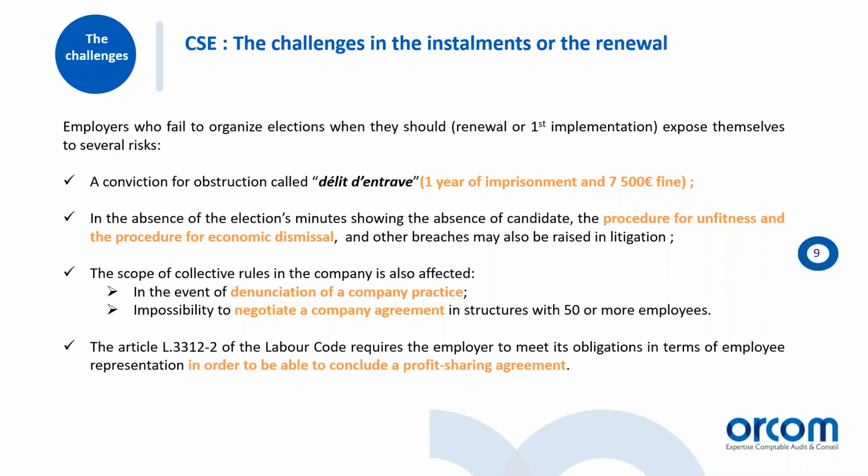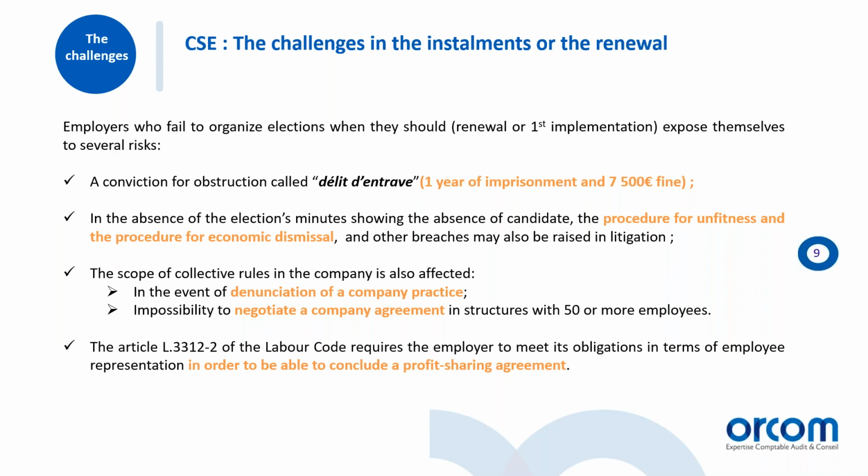In addition, in the absence of elections minutes showing the absence of candidates, the procedure for unfitness and the procedure for economic dismissal, but also other types of breaches may also be raised in litigation. Because in this process, you have to inform the CSE of the dismissals, and the CSE also has a role to play in that type of process.